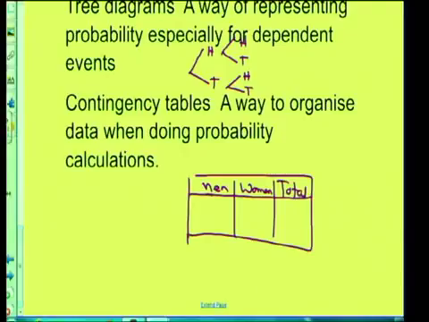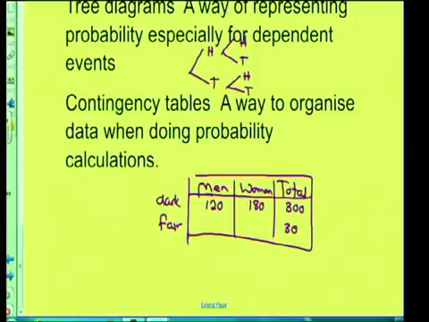So let's look at dark and fair eyes. And then what we would do is we'd say, okay, in our group of, say, 300 people, there are 120 men with dark eyes. There are 180 women with dark eyes. So altogether there are 300 people with dark eyes.